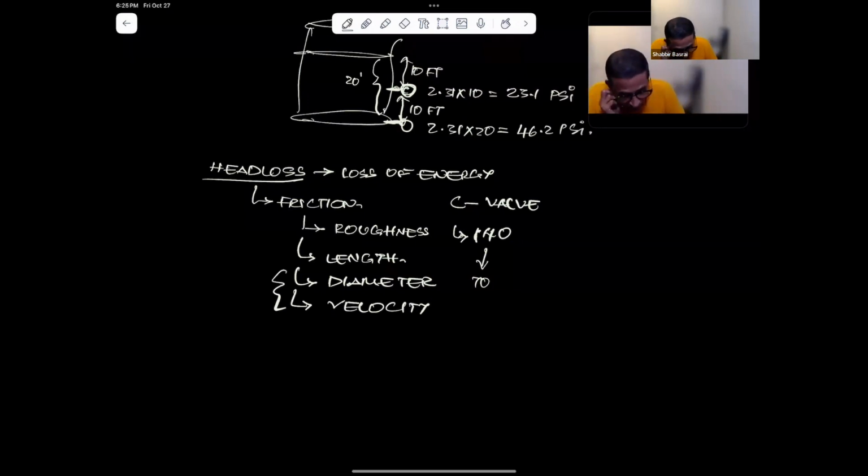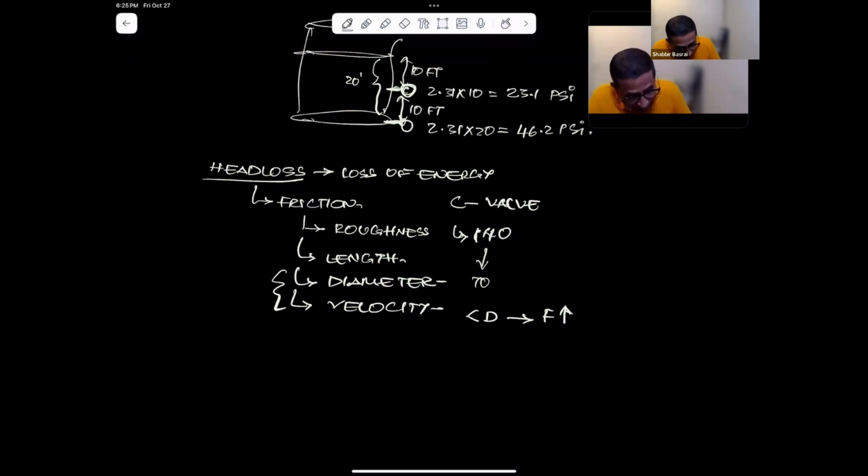The smaller the diameter, the greater the friction factor. For the same flow, if I have a smaller pipe, my velocity is going to be higher and my diameter is smaller. Therefore, the friction factor is going to be higher, or the head loss is going to be higher.